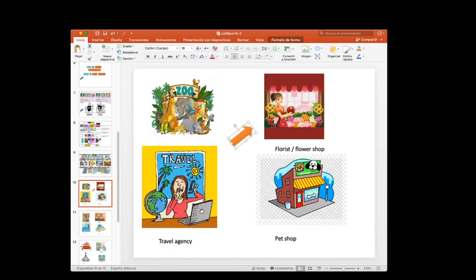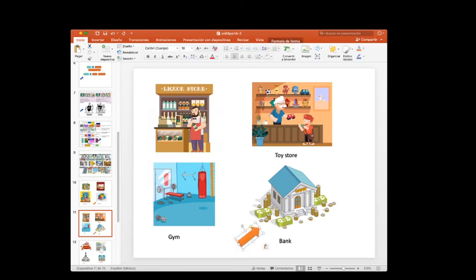Both of them are correct. When you want a pet, you have the pet shop. You can buy cats, dogs, etc., even fishes or fish, things like that.